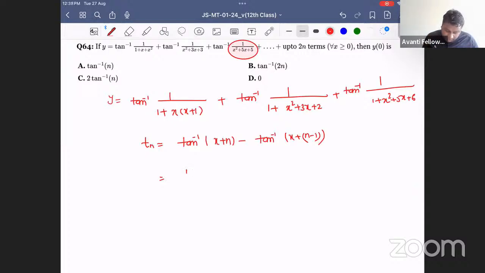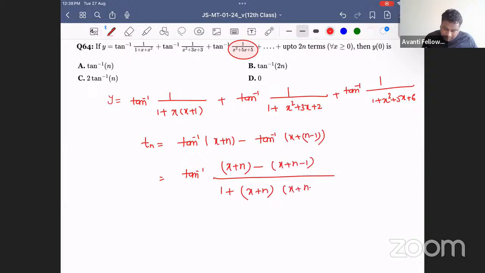Got it? So it is tan inverse of ((x plus n) minus (x plus n minus 1)) upon 1 plus (x plus n) into (x plus n minus 1). So it is tan inverse of 1 upon 1 plus x square plus (2n minus 1) into x plus n into (n minus 1).